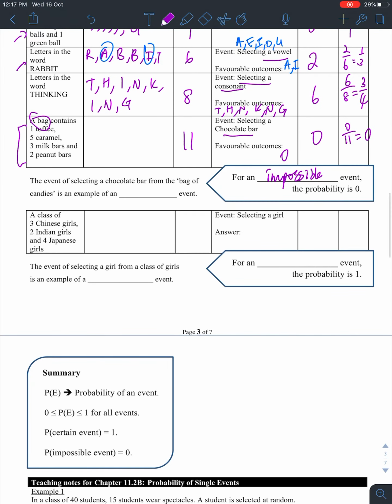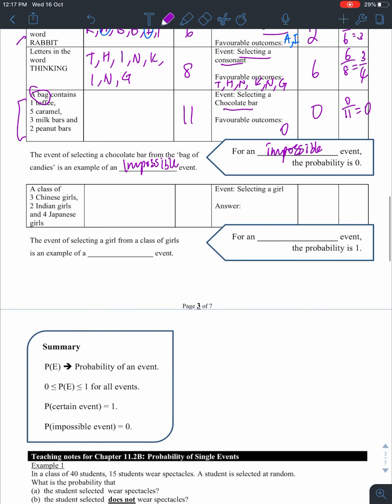The next one, the event of selecting a chocolate bar from the bag of candies is an example of an impossible event. Okay. And the next one, a class of 3 Chinese girls, 2 Indian girls, 4 Japanese girls, total 9 girls, right? The event of selecting a girl, which is basically all girls.